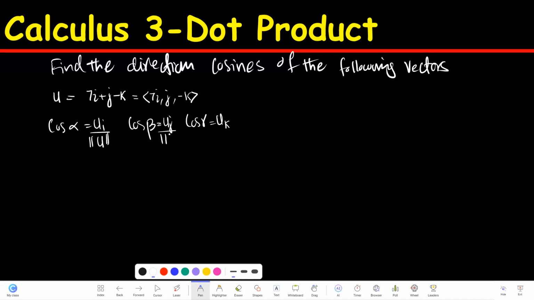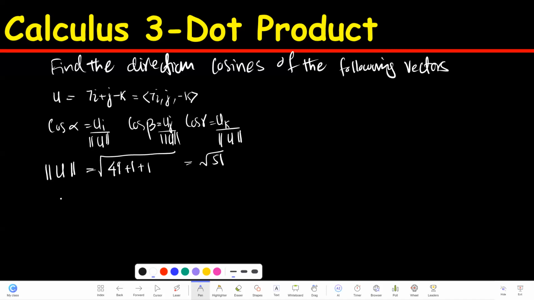So first thing first, we need to find out the u magnitude. And the u magnitude would be like this: the square root of 49, 7 squared is 49, plus 1 plus 1. And if I solve, it's going to be 51.